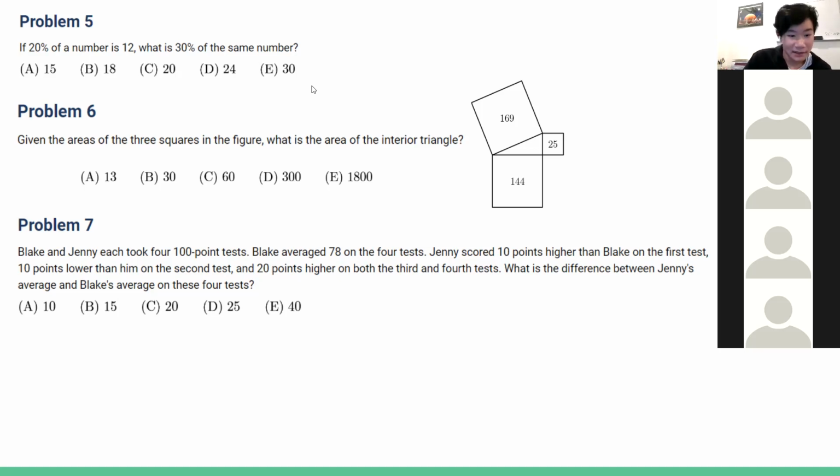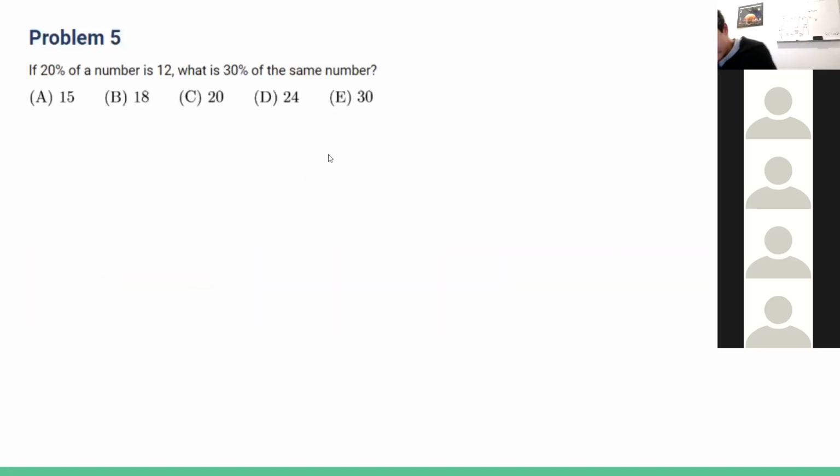All right, let's go over the problems. So, first problem, number 5. If 20% of a number is 12, what is 30% of the same number? Okay. So what do we know?